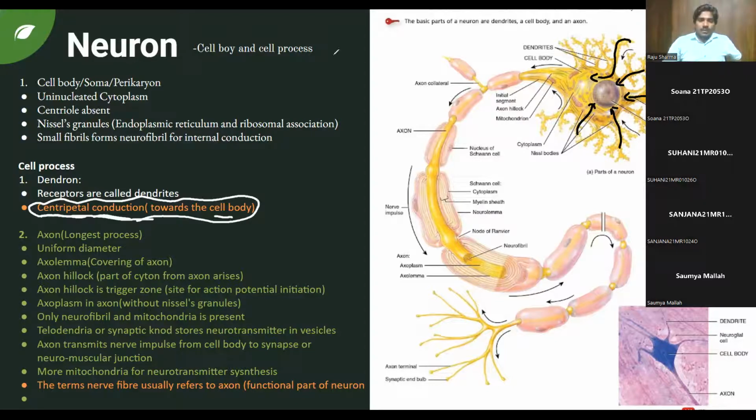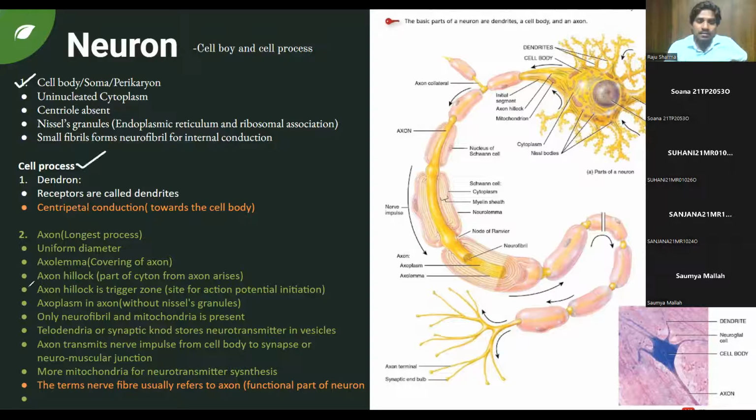So next जो है, right now we have learned about the structure of the cell body, then we have discussed about the cell process. Next, which is the last part, the axon, but one of the longest process. Okay, so one of the longest process of neuron is what? It is axon. It is the longest process. But again, very important point.